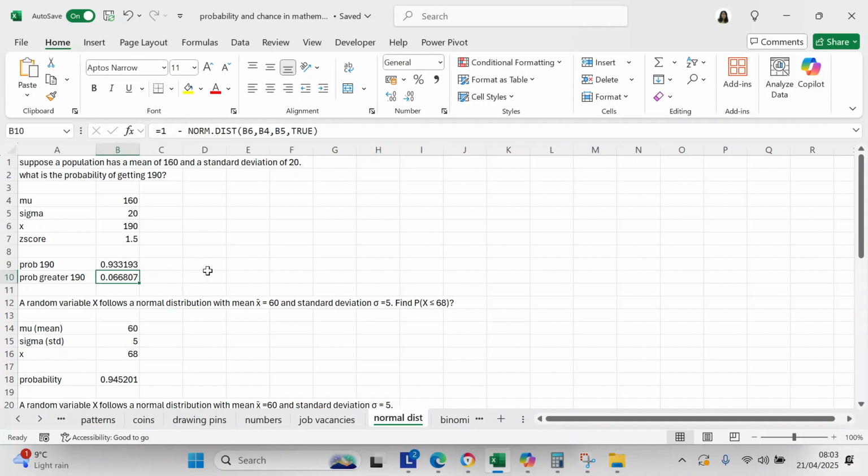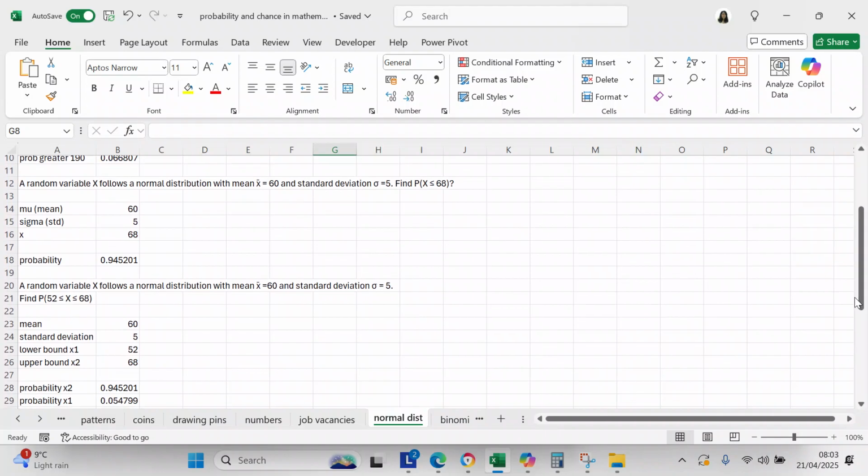So for the probability of greater than 190, you have 1 minus NORM.DIST, brackets B6, comma, B4, comma, B5, comma, TRUE. So that's the answer to that question. The probability of 190 is 0.933.